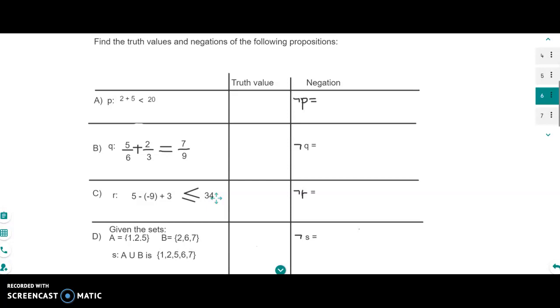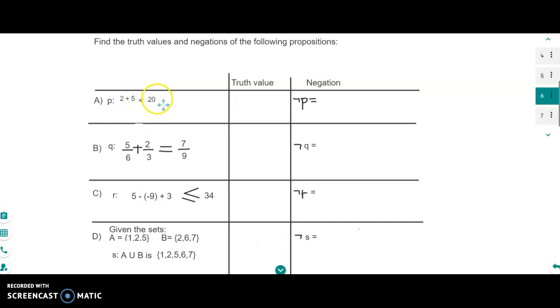Okay, so now we are going to do some extra examples about propositions and denial of propositions. For example, the statement says, find the true values and negations of the following propositions. Here we have the questions A, B, C, and D. The first proposition, P, says 2 plus 5 is less than 20.